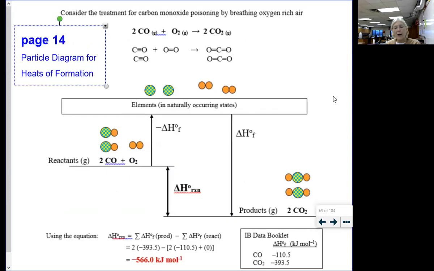Now, this visual might be of help, but what I'm pointing out is with the heats of formation equation, you start with the heat of formation of the products and you subtract the heat of formation of the reactants. It's because of the definition of the orientation of this energy change.